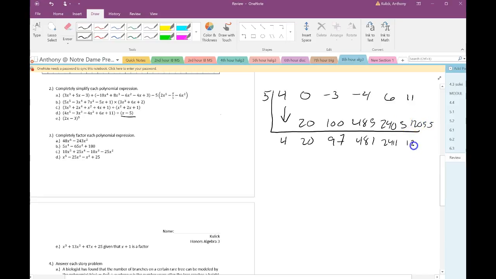If I add that, that's 12,066. So, what this tells me, my remainder, my constant, my x squared, my x to the 3rd, and my x to the 4th. So my answer here then is x to the 4th plus 20x cubed plus 97x squared plus 481x plus 241 plus 12,066 over x minus 5.